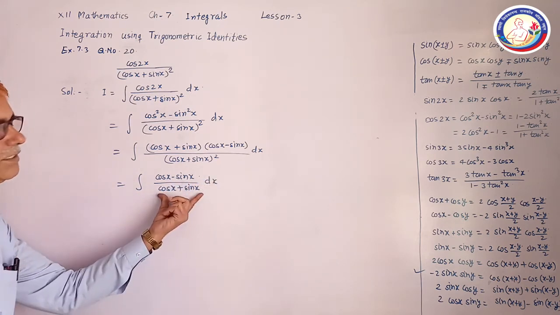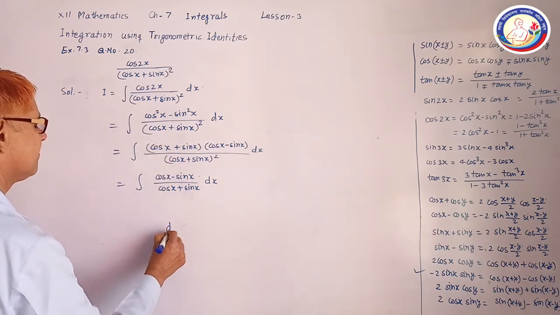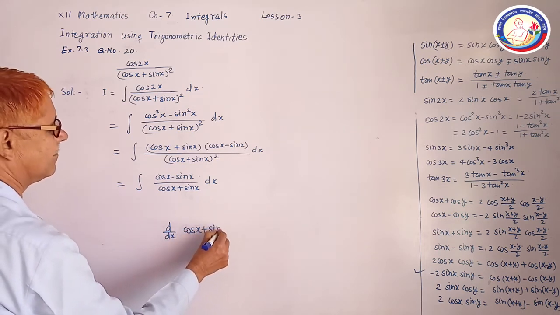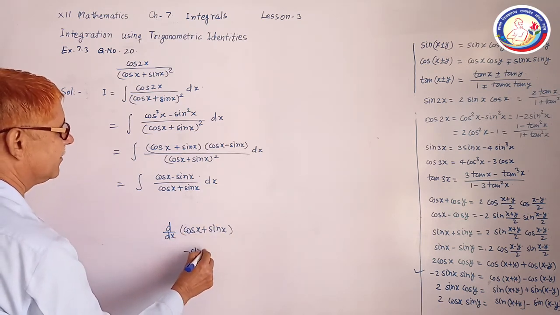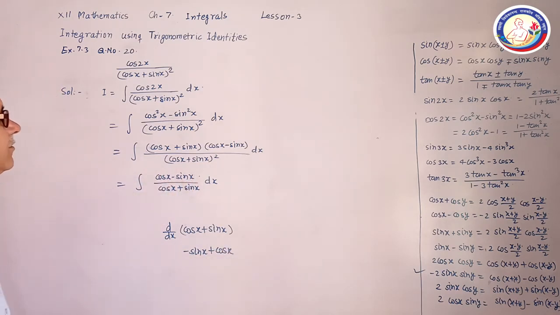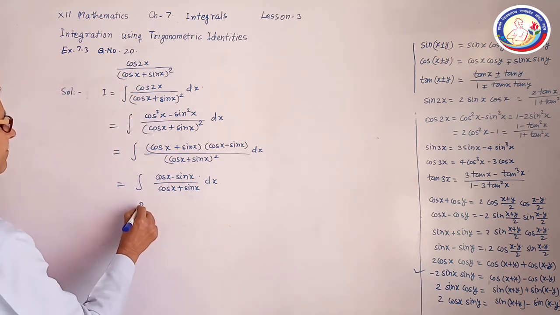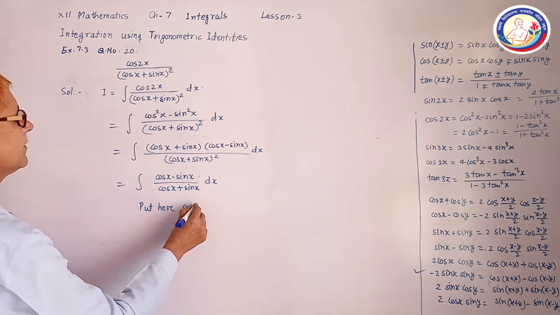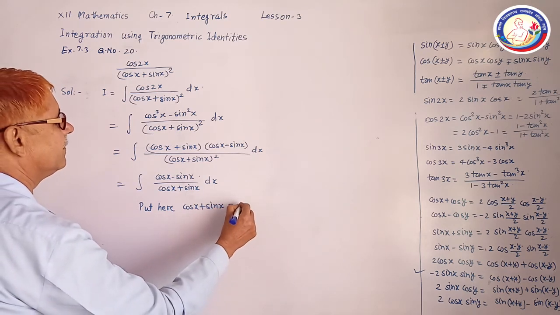Now see this is in the denominator. What is the differentiation of this? We can easily see that the differentiation of cos x is minus sin x and of sin x is cos x. We can obtain the numerator here. So put cos x plus sin x equal to t.